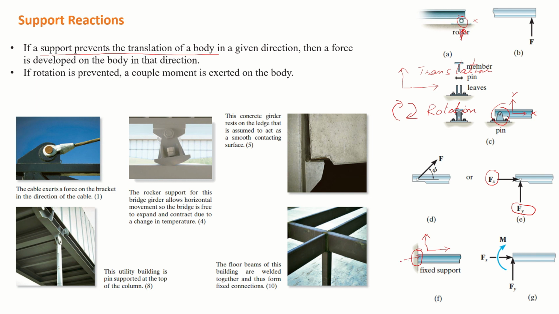So first one is in the X, the second one is in the Y. Secondly, it cannot rotate either in clockwise or anti-clockwise direction. So we also place a moment here as well. So this is shown in this figure.